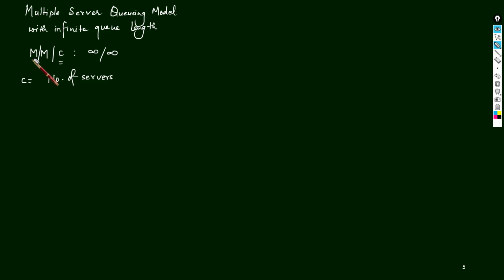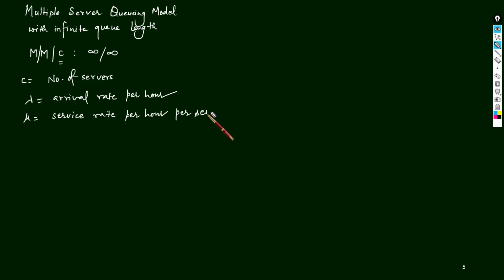Here the arrival rate is lambda per hour, and mu is the service rate per server, by a single server.